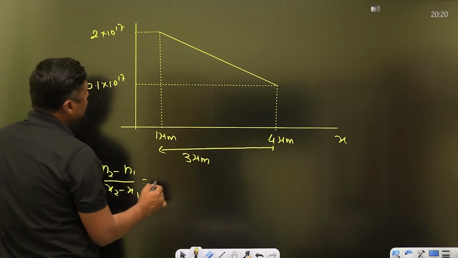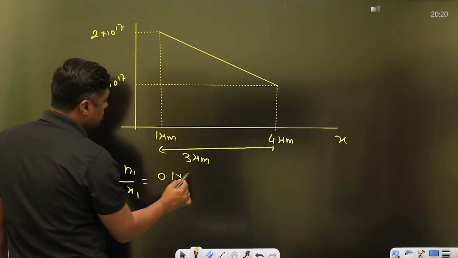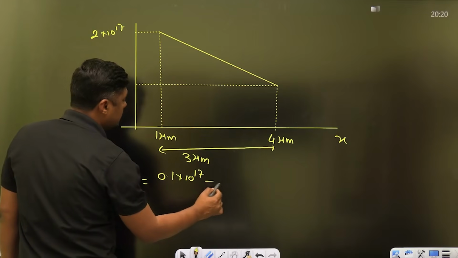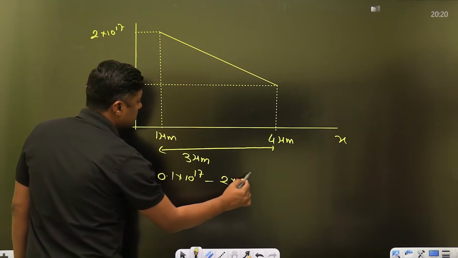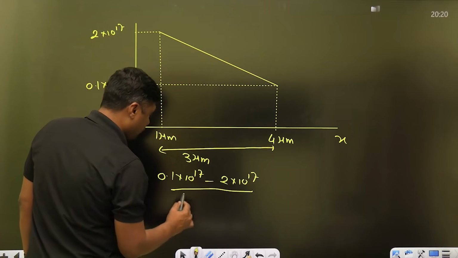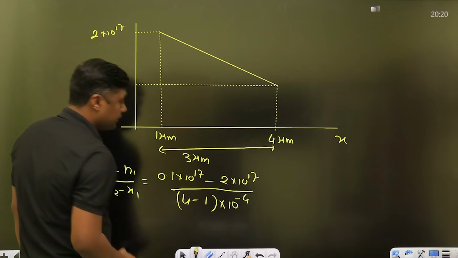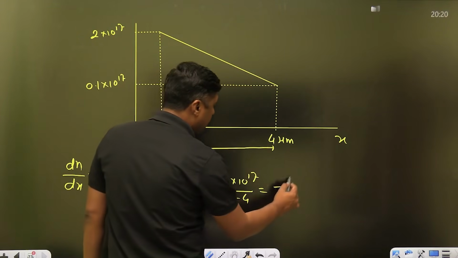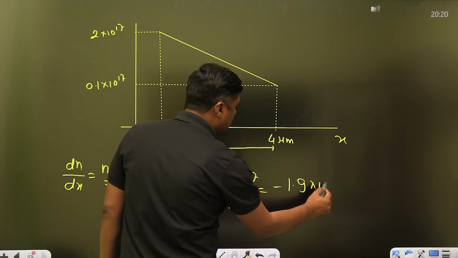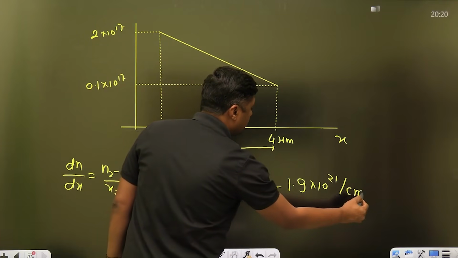So N2 is 0.1 into 10 raised to power 17 minus 2 into 10 raised to power 17, upon 4 minus 1, converted into centimeter, 10 raised to power minus 4. Now guys, you will get the answer minus 1.9 into 10 raised to power 21 per centimeter cube.